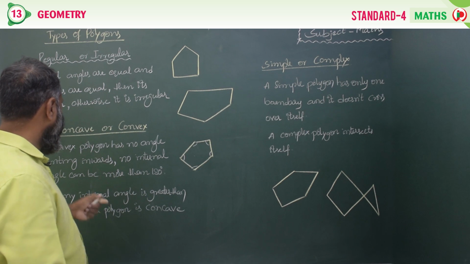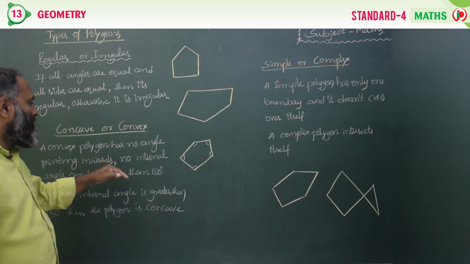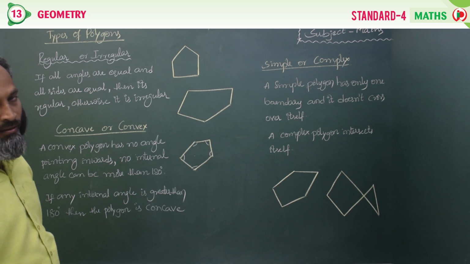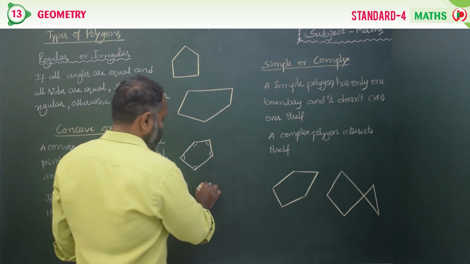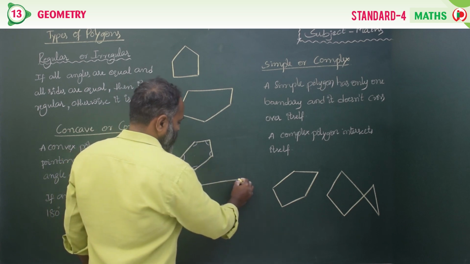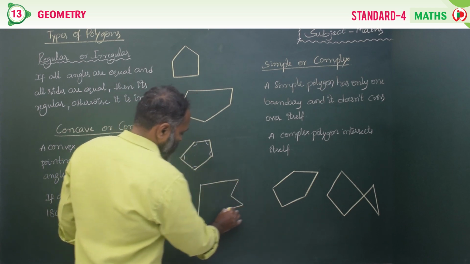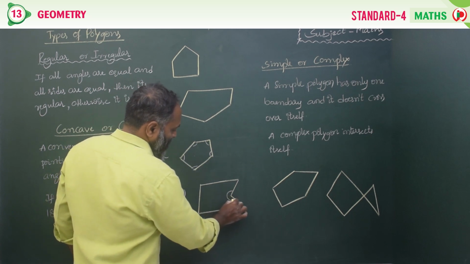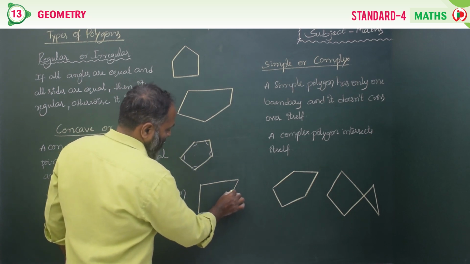Convex polygon: what does convex mean? No internal angle is greater than 180 degrees, that is convex. Then what is concave? Suppose a polygon is like this. This is a polygon. Here this internal angle is more than 180 degrees.